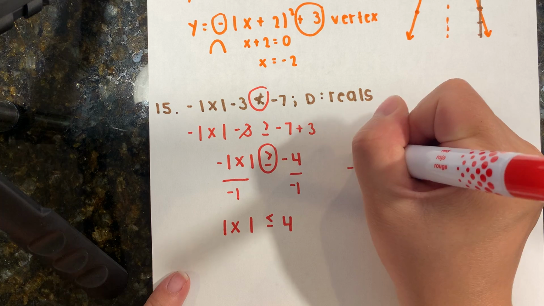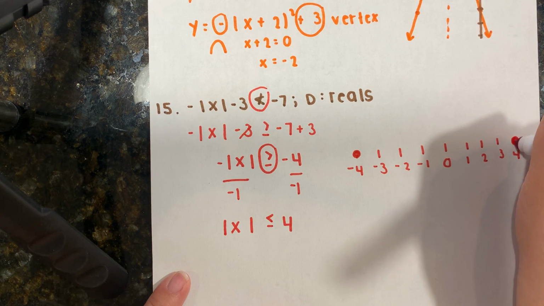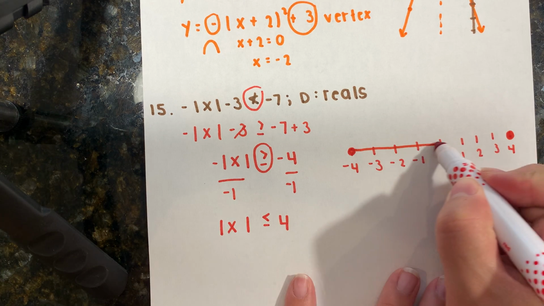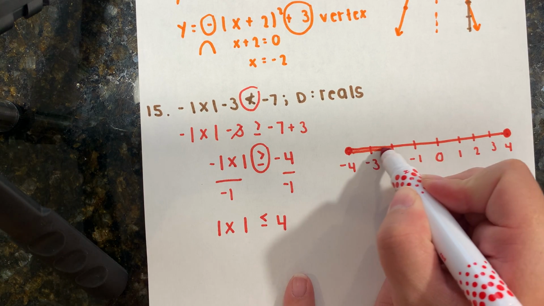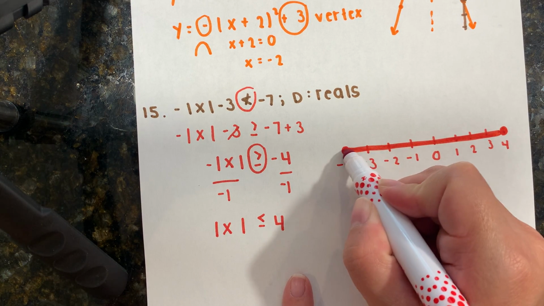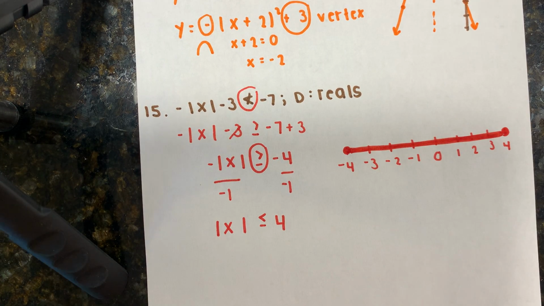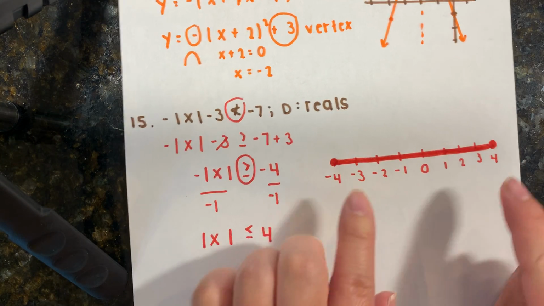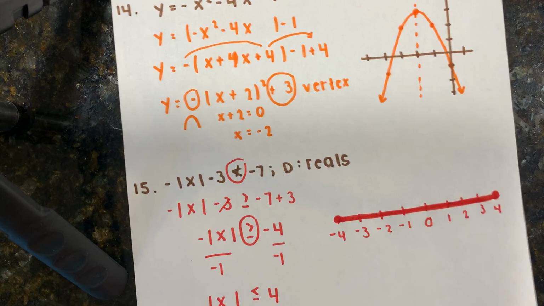We are going to fill in our dots on 4 and -4. And when it says less than, you're actually going to connect these 2 dots. So this should be your number line. Would be the endpoints at 4, -4, and then a solid line between those 2 points. Less than means you connect them, greater than would be the outside.